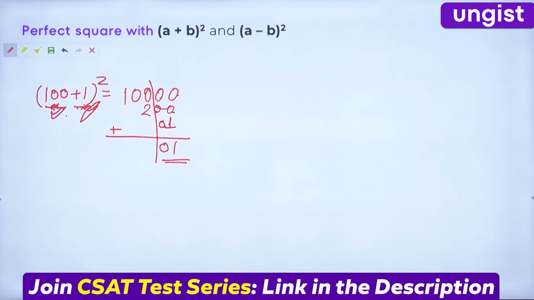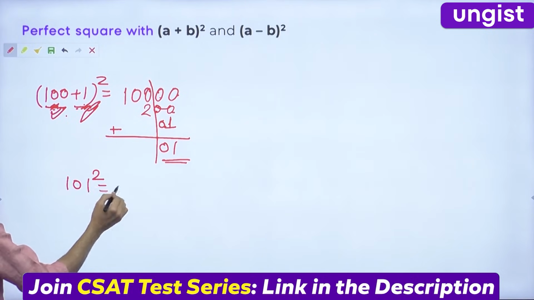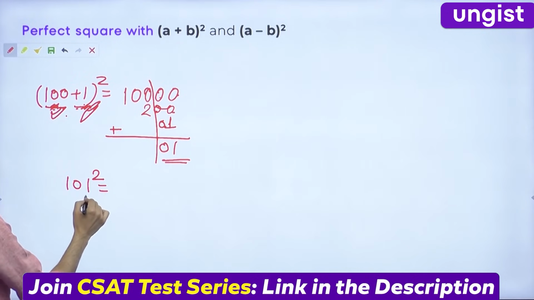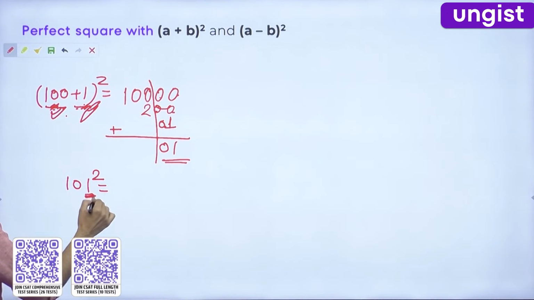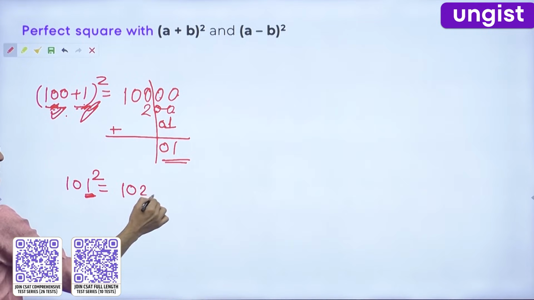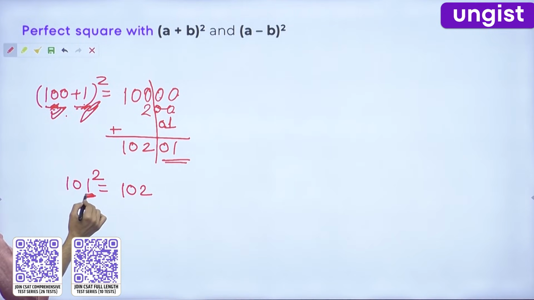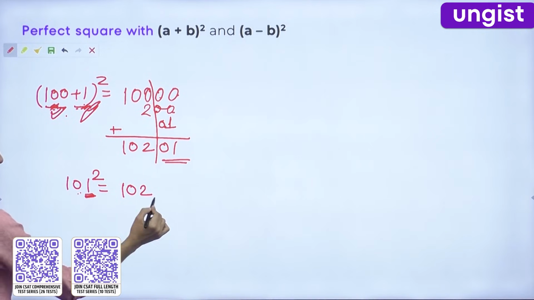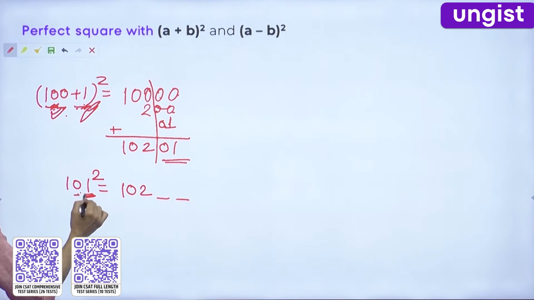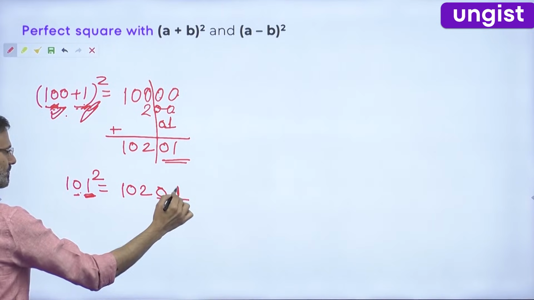Look at this. 101, suppose the square of this number has to be found. This number is 1 more than 100, add 1 to it, you will write 102. And the last 2 digits come from the square of the deviation, so this is 01.